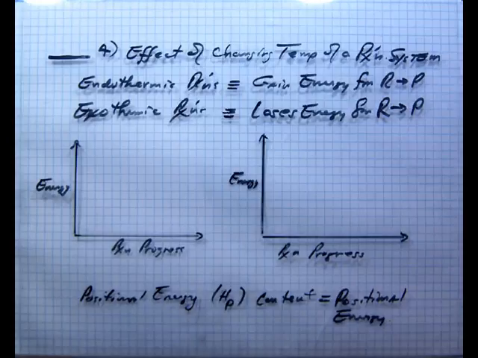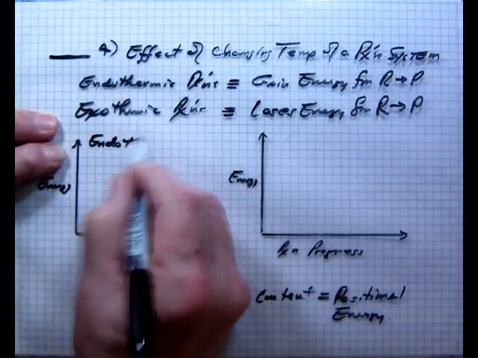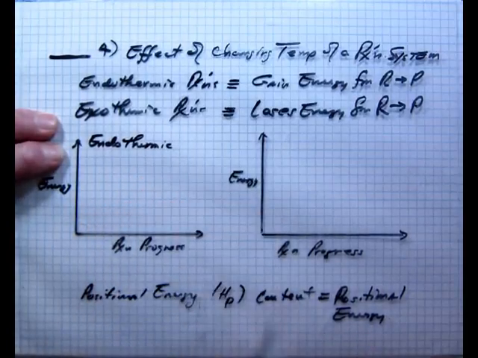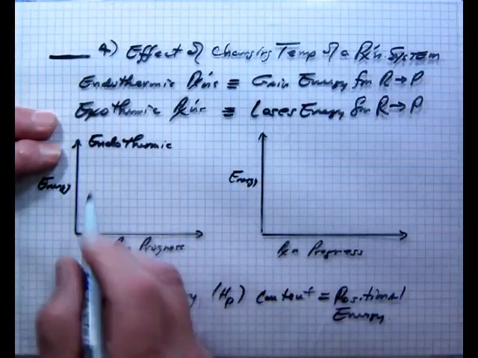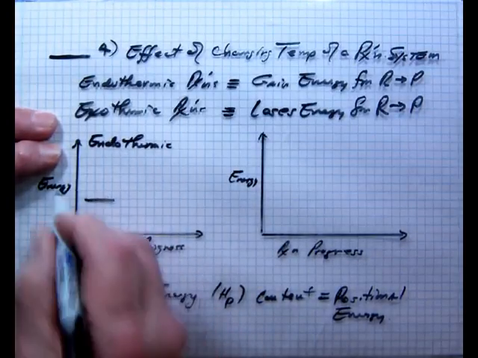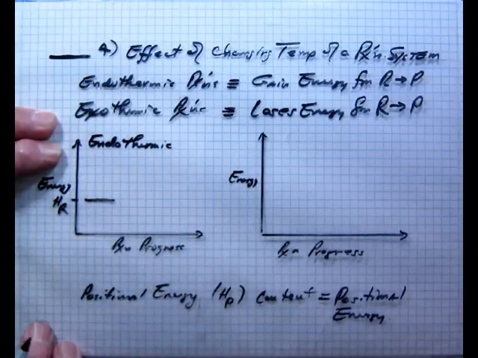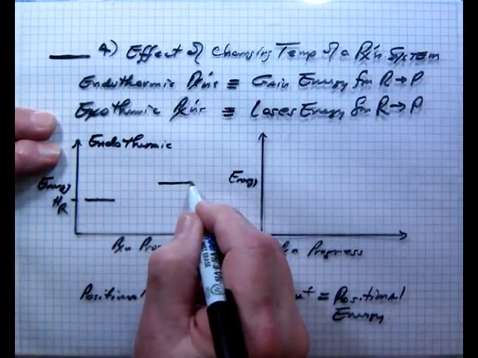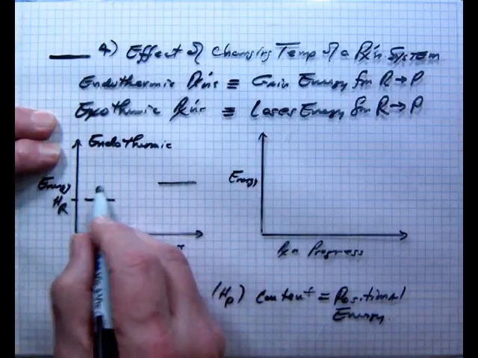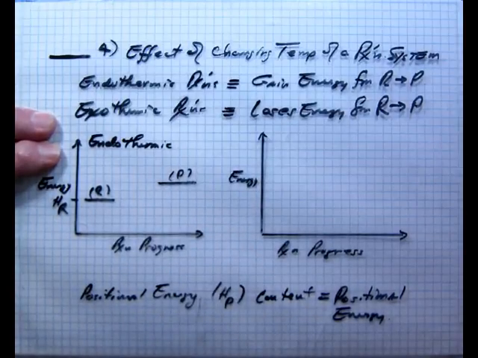In an endothermic process, let's say we call this one endothermic. What did I say? The products have to wind up above the reactants. I'm going to put the reactants here. So the heat content of the reactants is right there. When the reaction is completed, the products will be there, inherently, obviously above the reactants.